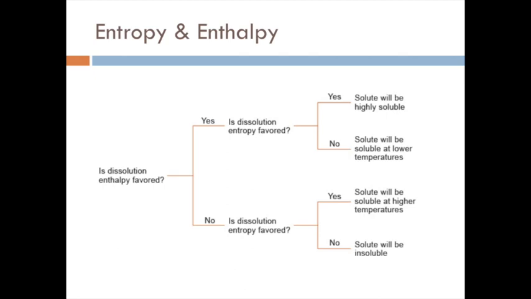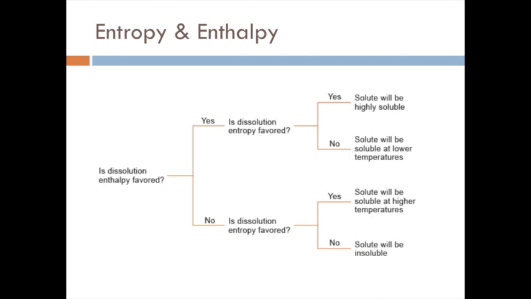So let's follow the flow chart up to yes. Let's pretend it's exothermic, so yes, it is favored. And then we look at entropy. Is entropy favored? Remember, if there's more disorder, then yes, entropy is favored. If there's less disorder, then no, entropy is not favored. So if they're both enthalpy favored and entropy favored, then yes, the solute is highly soluble and will dissolve.